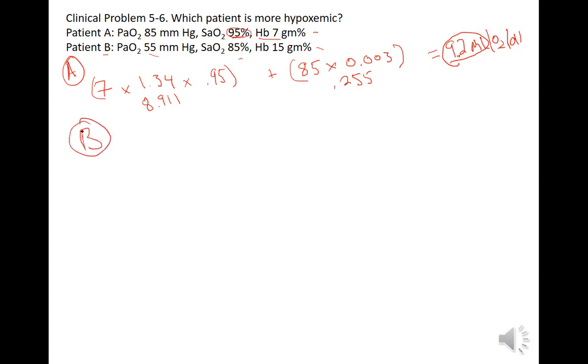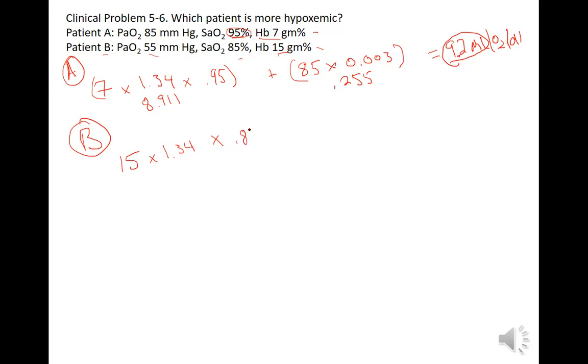Same thing, basically, same pathway. Normal hemoglobin amount, it's 15, right? You take the 15 grams per deciliter times that number that doesn't change, the constant 1.34 milliliters of oxygen that can be carried in 1 gram of hemoglobin, times the SaO2, which in this case is 0.85.